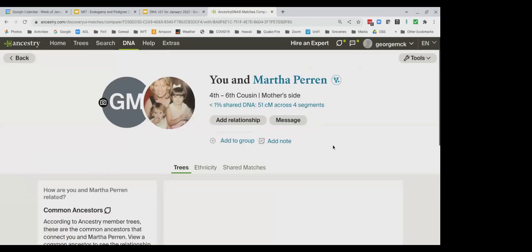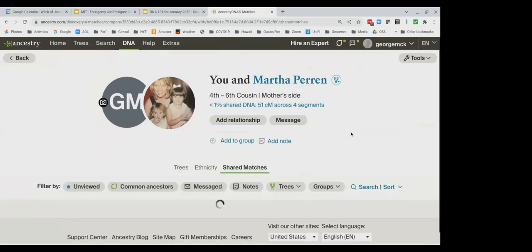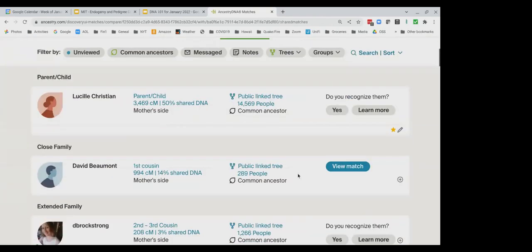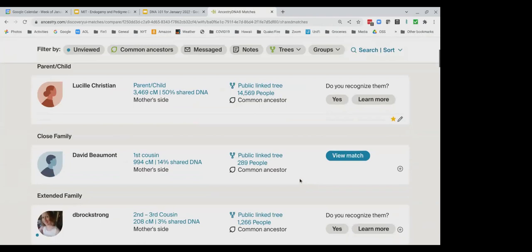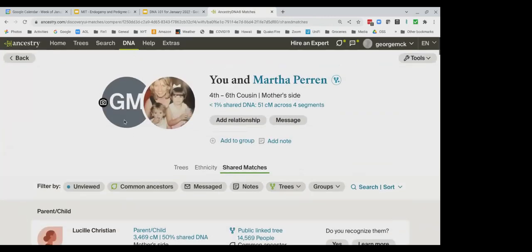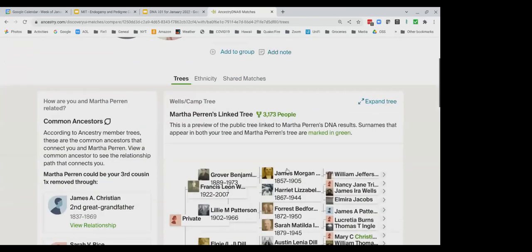Okay. And now what I want to do is look at shared matches. So shared matches tells me who in my database is related to Martha and shows up in hers. Well, my mother, that's good. David, that's good. Okay. Now, in looking at her tree, okay, so this is her tree.